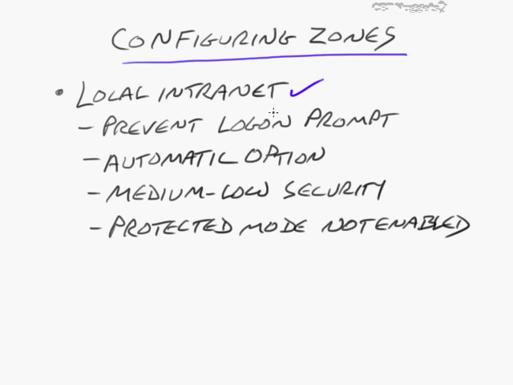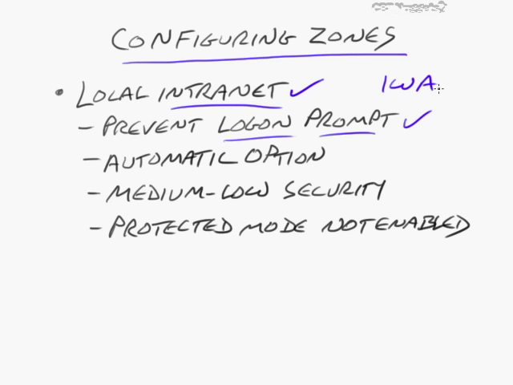What I mentioned there earlier is if you wanted to add a site to your local intranet, one feature of that is it could prevent a logon prompt. For example, if a website for your intranet has integrated Windows authentication, then what's supposed to happen is when you go to that website, you should not see a prompt for your username and password because it's using the credentials that you already used in your Active Directory domain, and you should be able to just breeze right on through to the website.